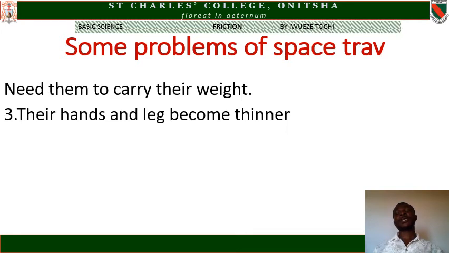Because when they go to space, they spend some days, some weeks staying in space. They stay inside lifts, so they don't use their muscles to walk about. They stay in one place looking at their instruments, studying their instruments. So they are not using their muscles to do work, and because of it, their muscles can become paralyzed.